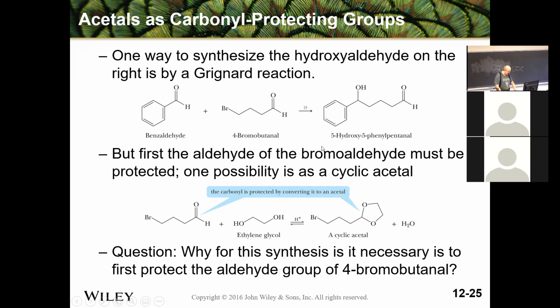Okay, and then the last thing I want to mention, just very briefly, we'll look at this in more detail next time, and that is acetals make really good protecting groups for example, for Grignard reactions and a lot of other reactions.